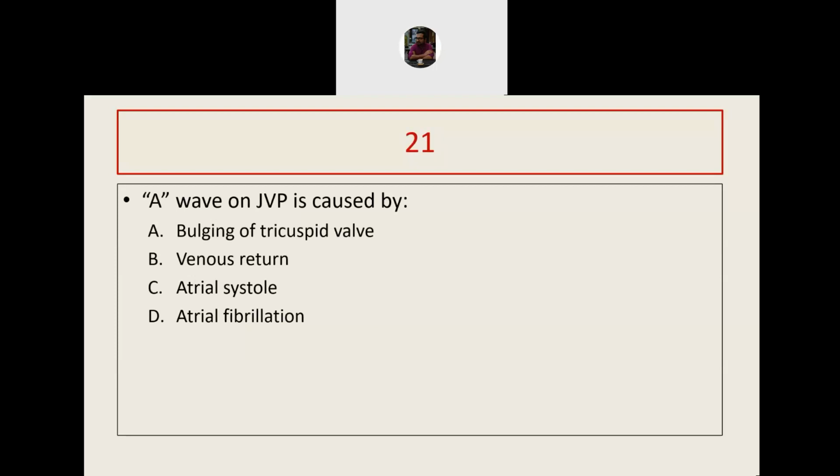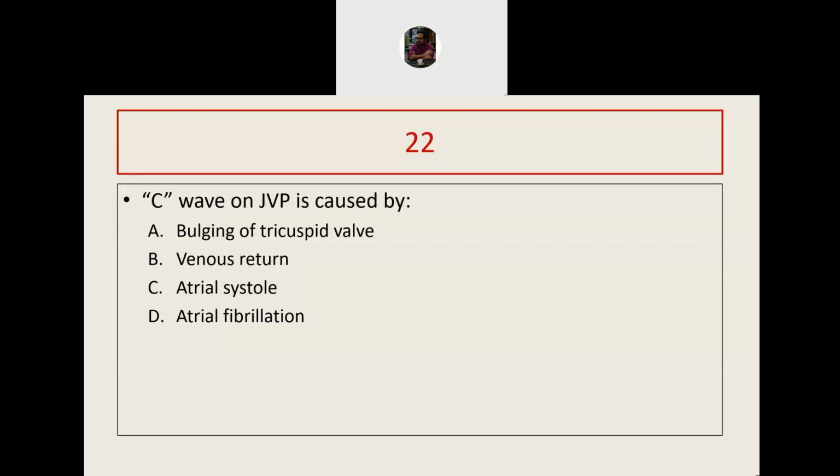A wave on jugular venous pulse is caused by. Next question.